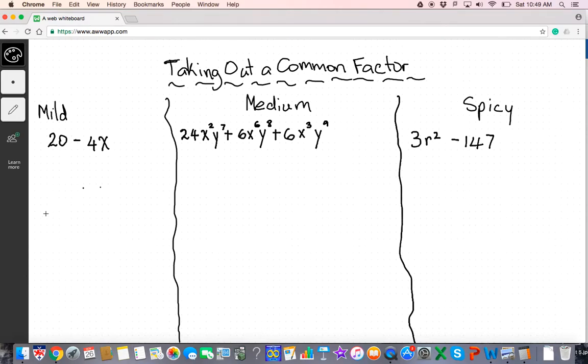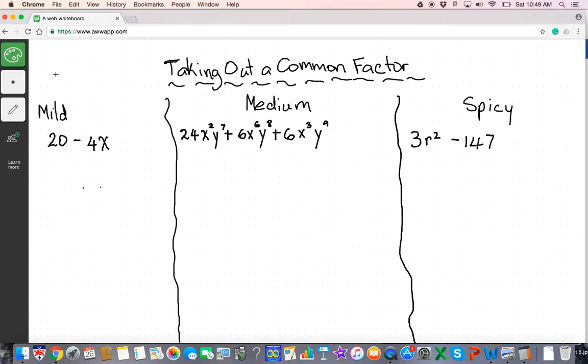All right, so now, what is a common factor? A factor is a number that can divide into a number or an expression, a term. So here we have 20, and 20 has a bunch of factors. As a side note, we'll list them over here.